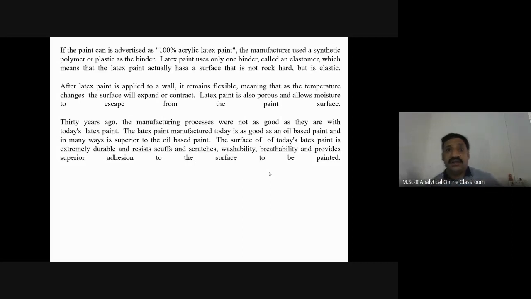If any manufacturer advertises 100% acrylic latex paint, then it uses what? Synthetic polymer or plastic as the binder.